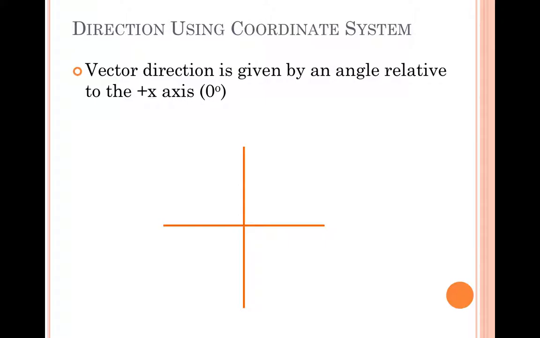So using the coordinate system, it means that all angles are measured from right here. So this would be a 270-degree angle. However, a positive 270-degree angle would be there. A negative 270-degree angle would be here.